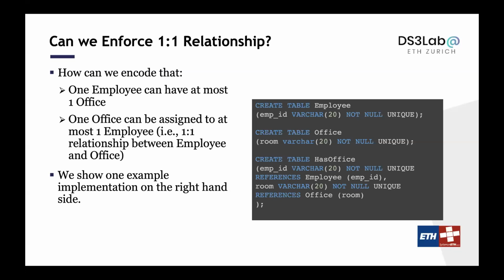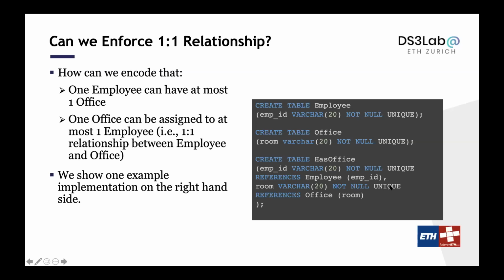If you do this, in the has office relation, I cannot have one employee associated with two different rooms because that's going to violate the unique constraint here. And I cannot have one room assigned to multiple employees because that's going to violate the unique constraint here.